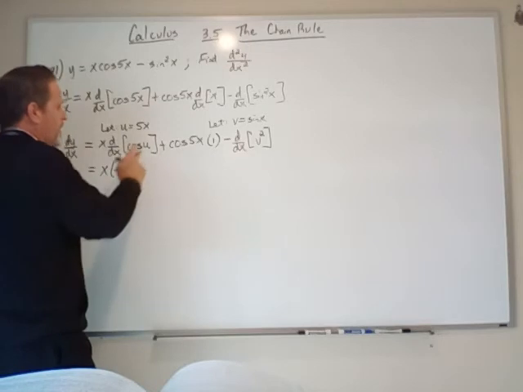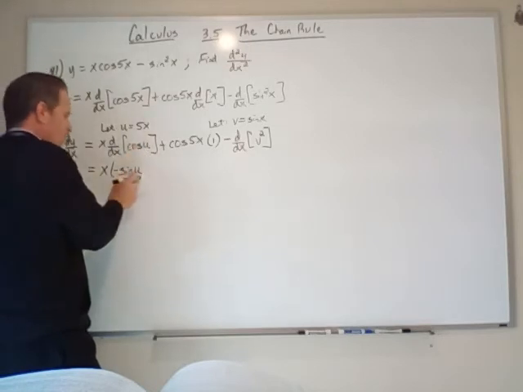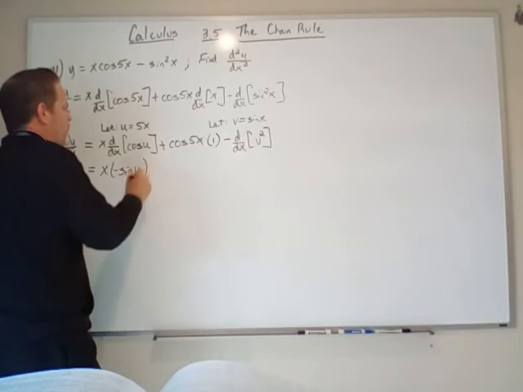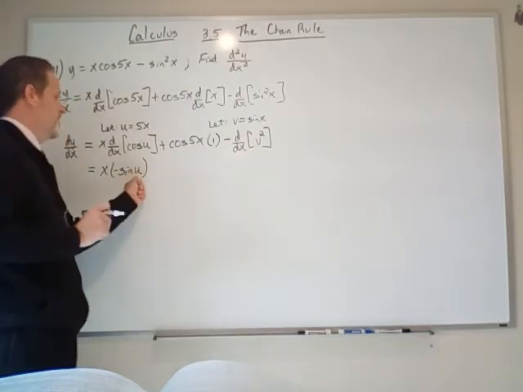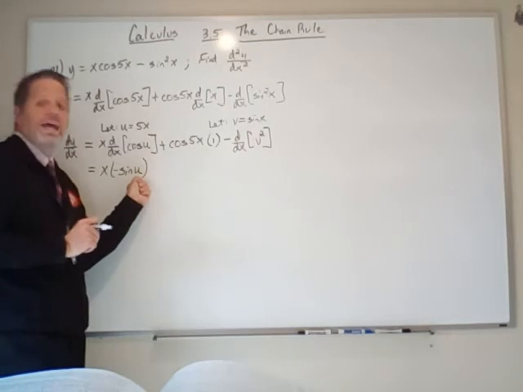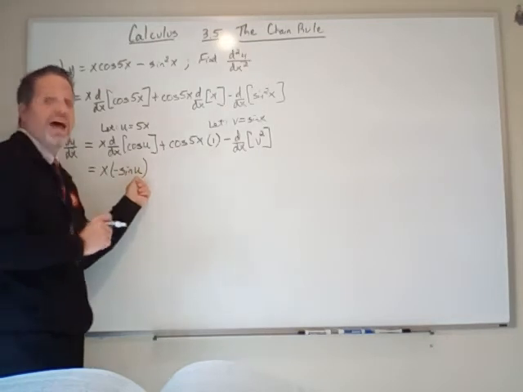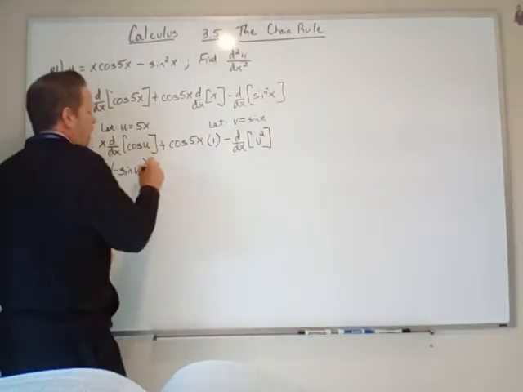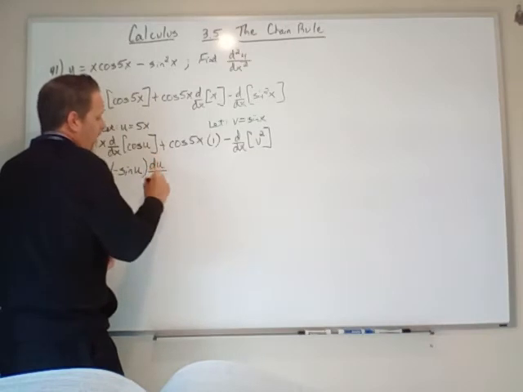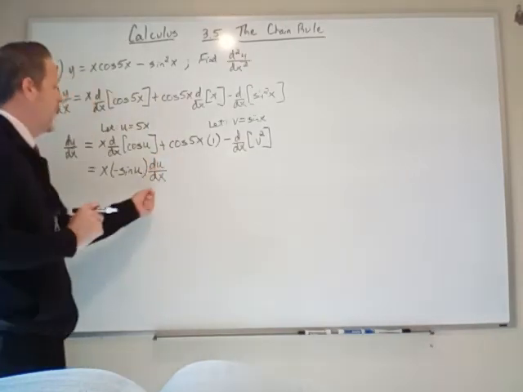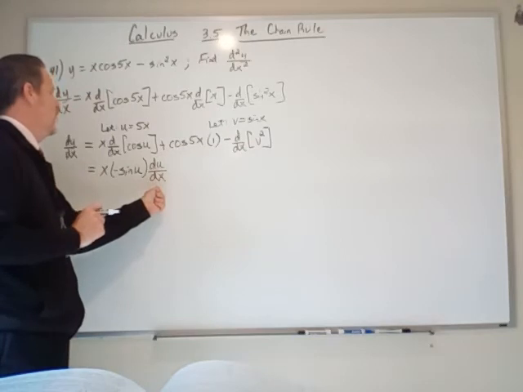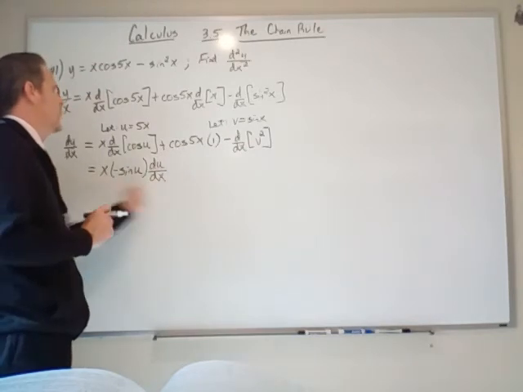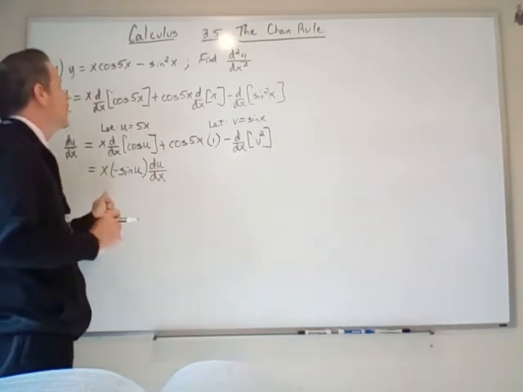Don't change the variable. I took the derivative of the cosine in terms of u, so now my derivative is in terms of u. But I need it with respect to x. That's where the operator comes in. I need a du/dx here to bring me back into terms of x. So my derivative for this first term is done.